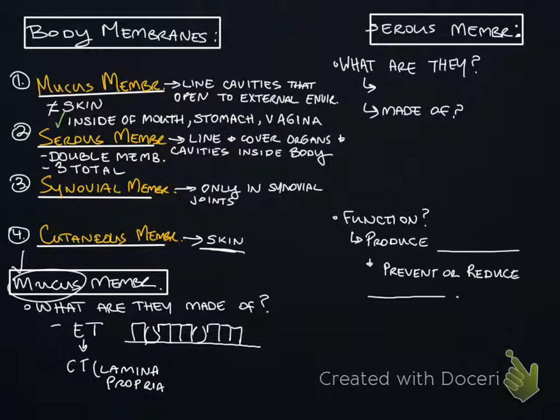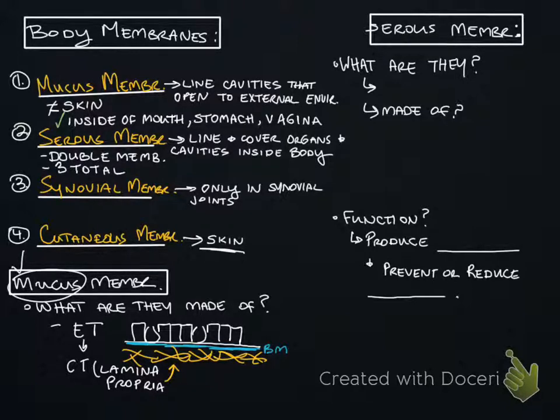Okay, so connected to the basement membrane, that would be a basement membrane there, we would have the connective tissue. And that connective tissue is called the lamina propria. Okay, so that's what a diagram of a mucous membrane would look like.